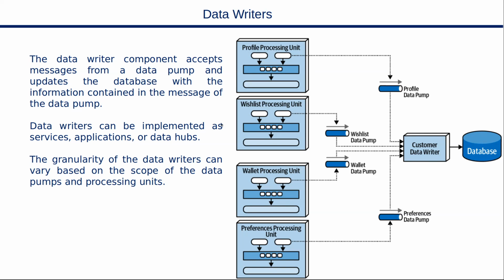Data writers can be implemented as a service, application, or data hub, whatever. The granularity of the data writers can vary based on the scope of data pumps and processing units. So it depends. It doesn't mean that there should be only a single data writer. You can have several.